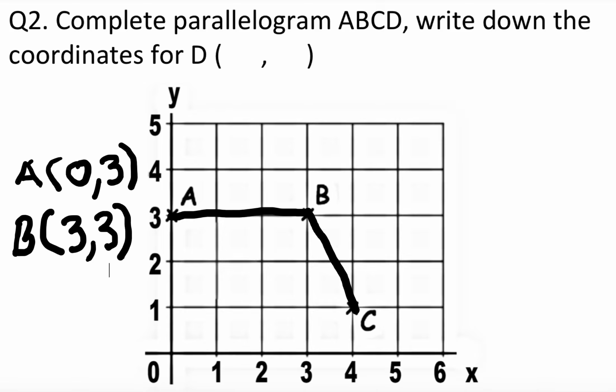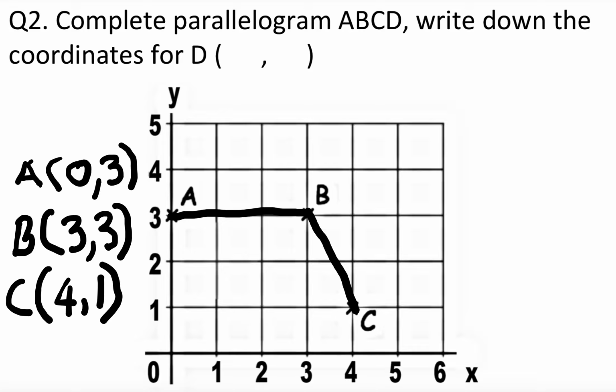And C is 4 along the bottom and 1 up. Let's just write that one down as well. So they're the coordinates we've got. We've got to put one more coordinate in for D to finish this and to complete the shape.